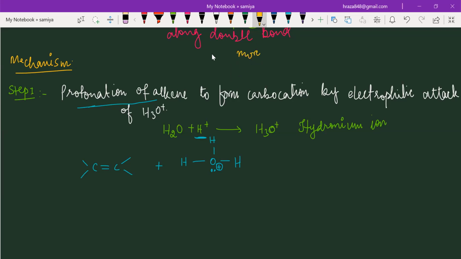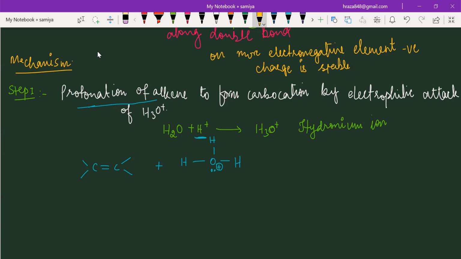On more electronegative element, negative charge is stable. That means positive charge on a more electronegative element is unstable. Are you getting my point? Yes, sir.